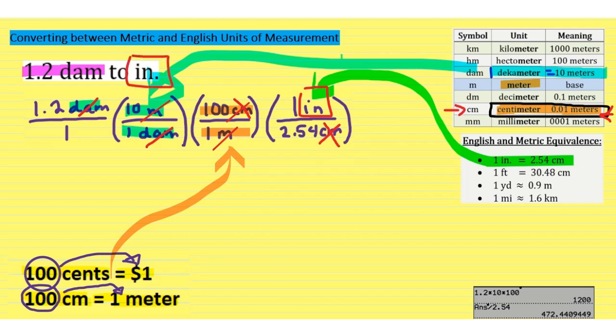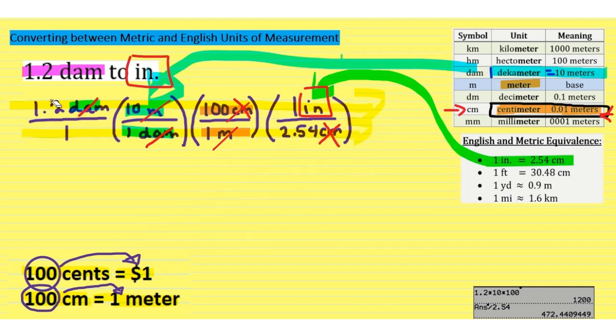Okay, so now that we have got all of our conversion factors set up so that we can eliminate all the unnecessary units, now we need to multiply all the numerators straight across and all the denominators straight across.